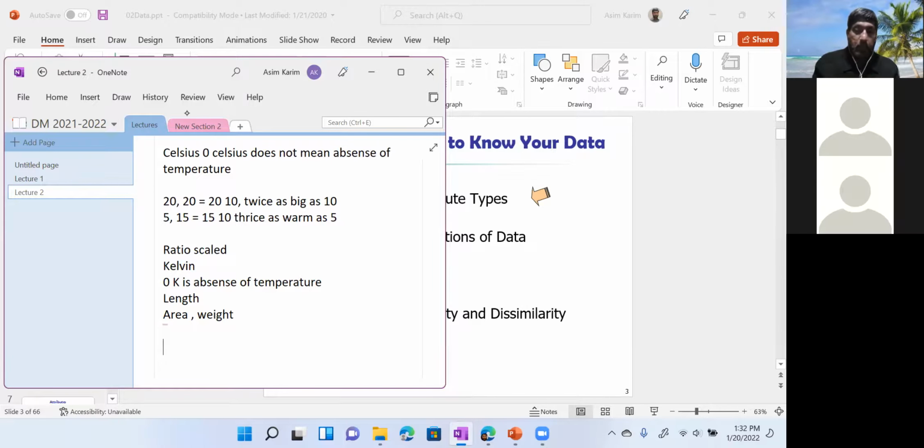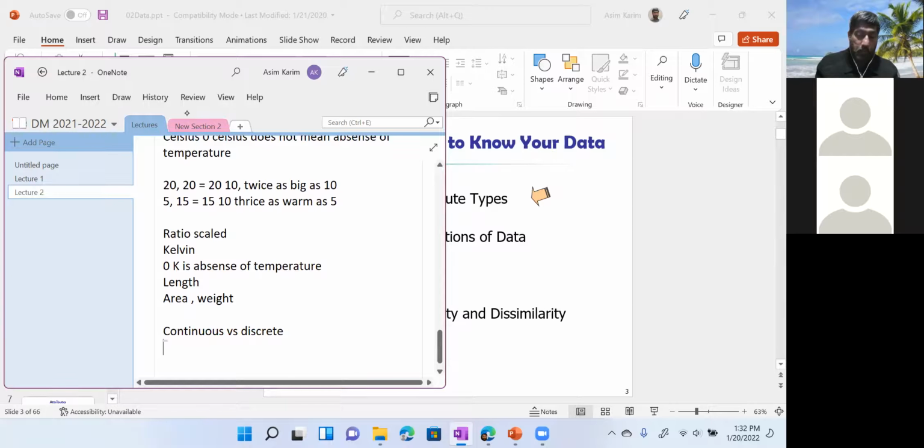There may be other categorizations. So for example, sometimes we use the categorization continuous versus discrete. Sometimes we also use the categorization called qualitative versus quantitative.